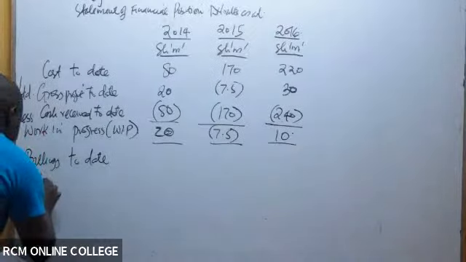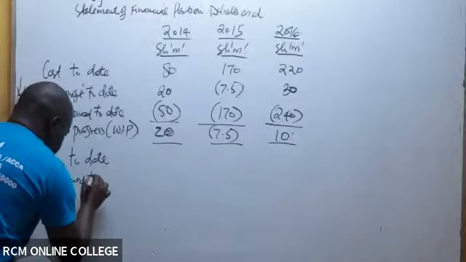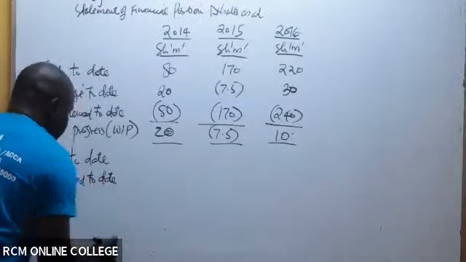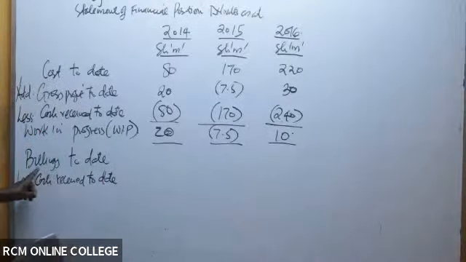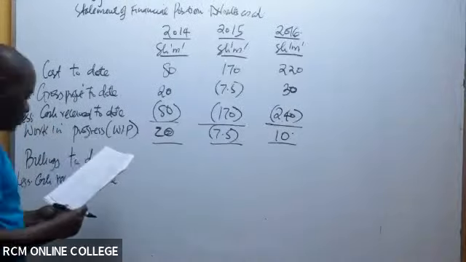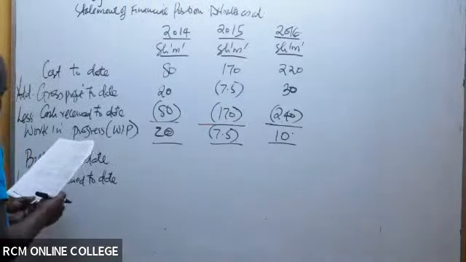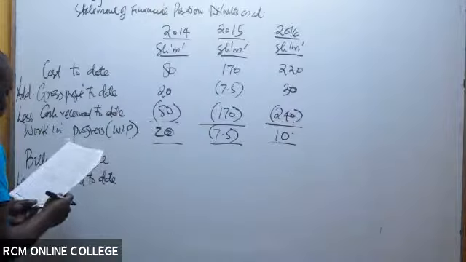The billings to debt you've actually been given. When you talk about billings to debt, it is what this contractor had billed the client to pay. So we are being told that the billings made during the year on the contract were 90, 100, 60.